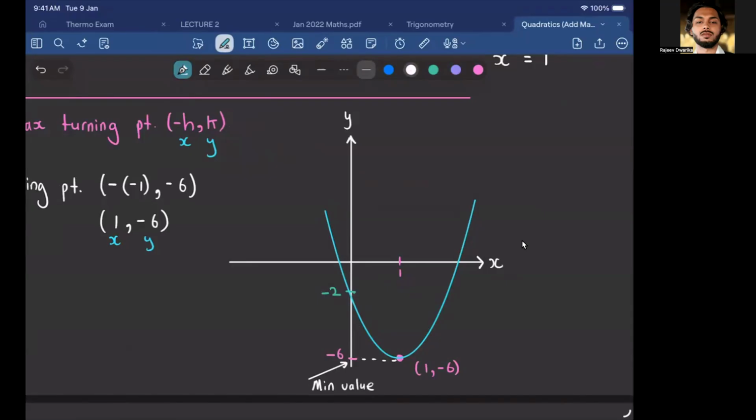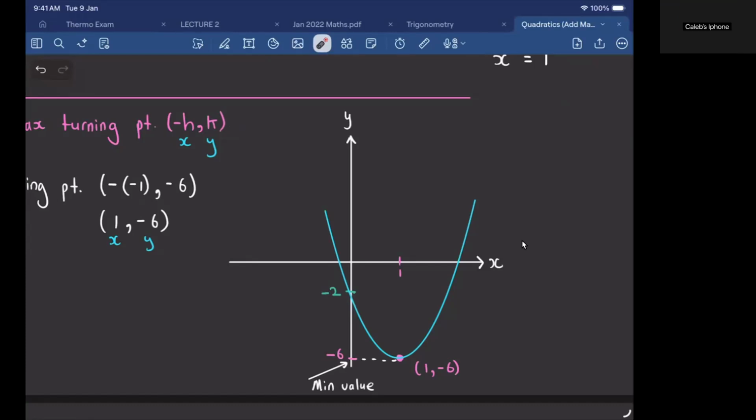Caleb, you're going to see how it's making sense now. If this is the minimum value, what gave us -6? What value for x gave me -6? Now look at the point. What value of x? 1, sir.